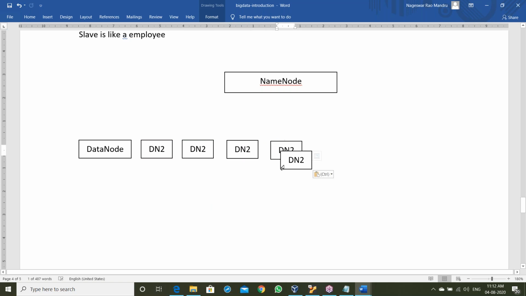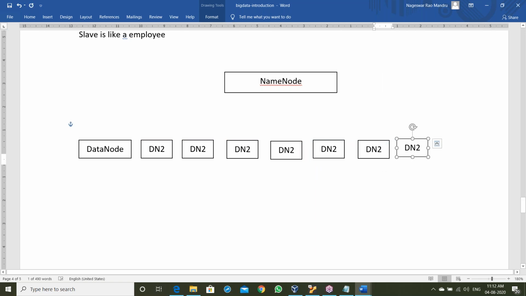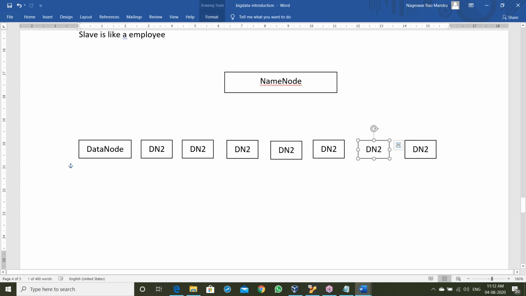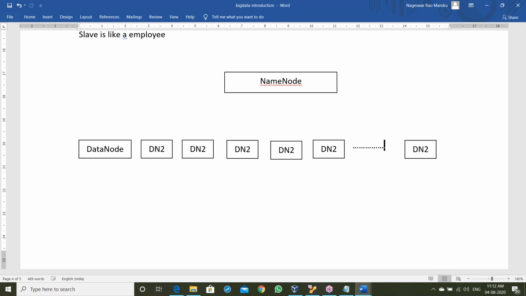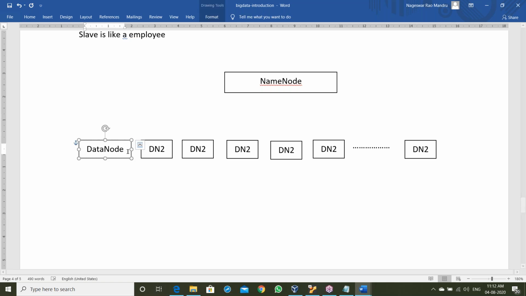Like this, multiple data nodes in the cluster, many data nodes. A data node stores actual data. Data node 1, data node 2, data node 3, data node 4, data node 5, data node 6, like this, multiple data nodes.